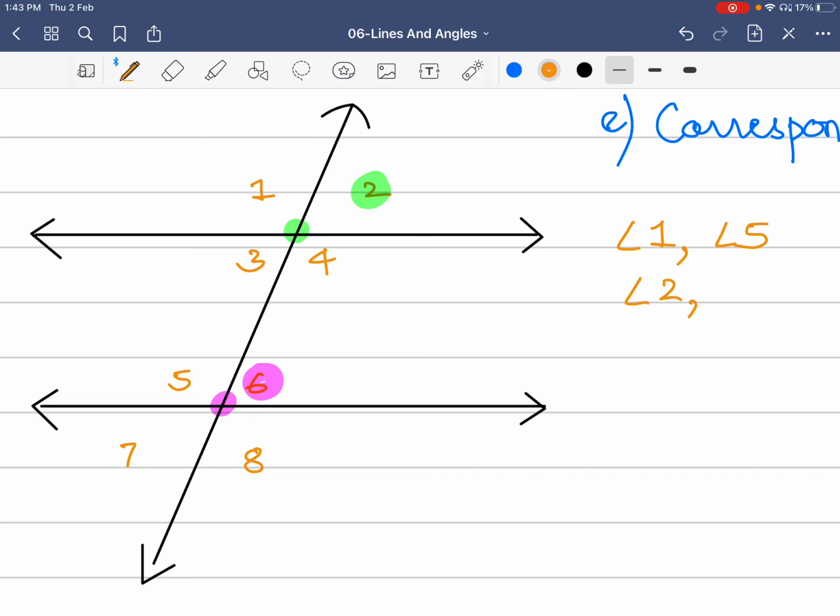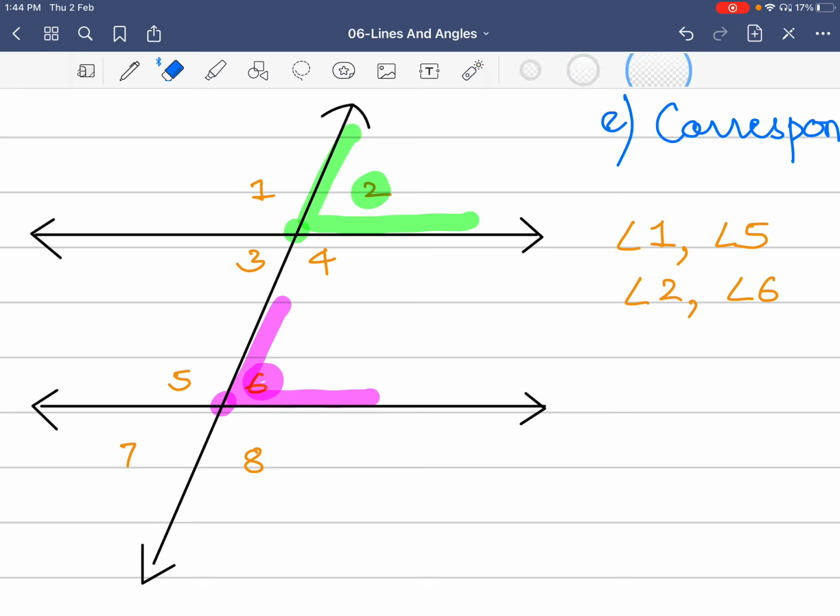Both these angles are at the right hand side at both intersections. So that becomes one pair of corresponding angles, same as 1 and 5.